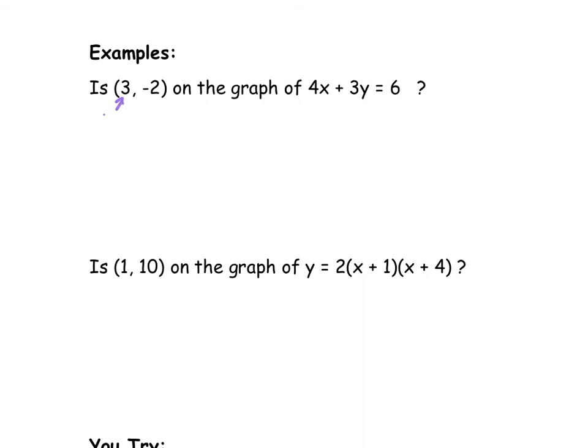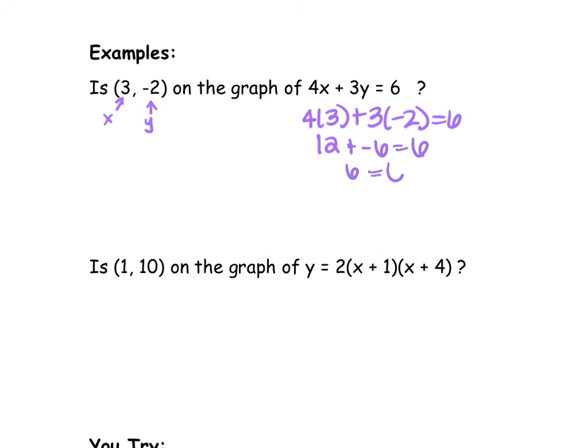So let's plug in 3 for x and -2 for y. 4 times 3 is 12. 3 times -2 is -6. 12 plus -6 is 6. 6 equals 6. That is true. So yes, the point (3, -2) is on the graph of 4x plus 3y equals 6, because when we plug it in, it does in fact make the equation true.